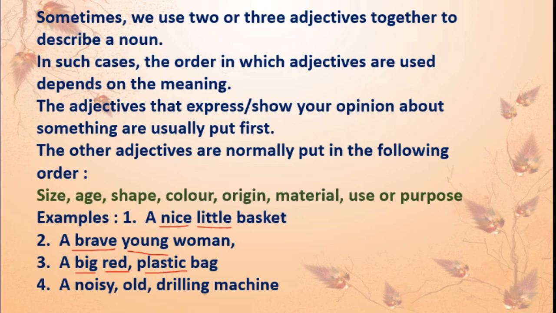Again, here you can see noisy. This is the opinion. It is making too much noise. So noisy, old, age. Drilling machine, drilling, this is the purpose or use. Correct? Like this order we have to follow while using more adjectives together to describe a noun. Okay?